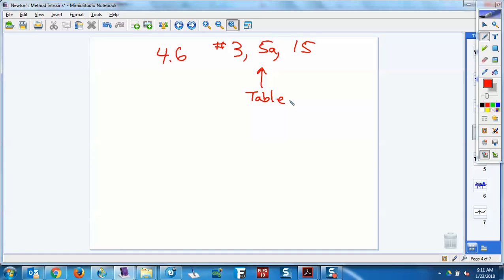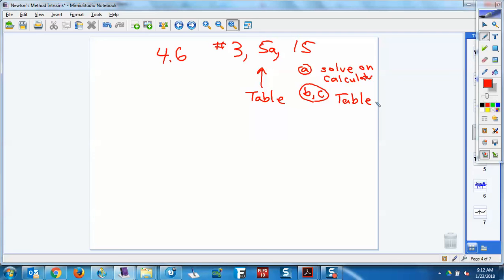All right, and then 15 gives you a function. On 15A, on part A, just solve on your calculator. Just do a solve. I'm not going to make you do a whole bunch of tables. But on B and C, do the table. Now it says, what happens when Newton's method is used for 2 as your initial guess?